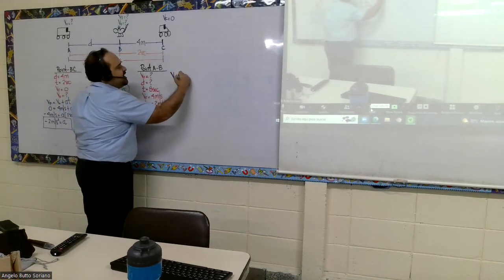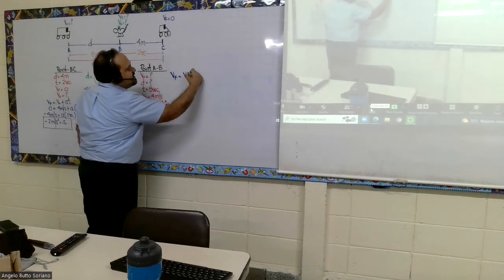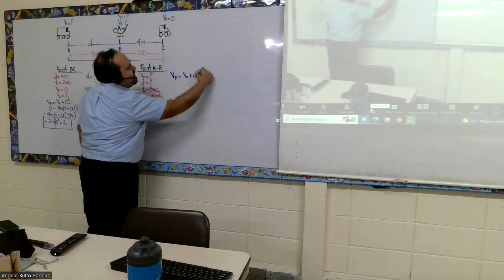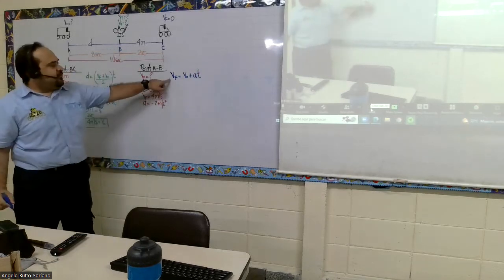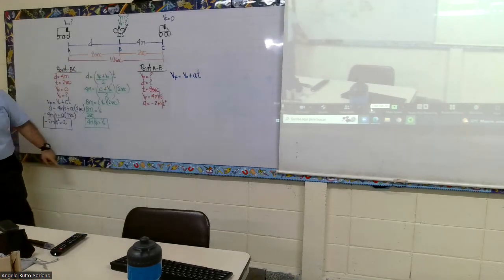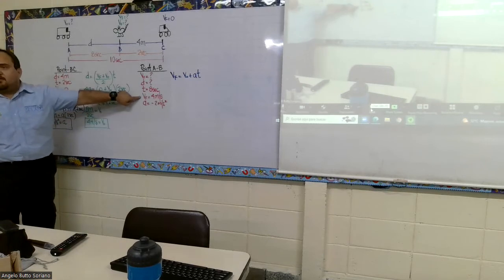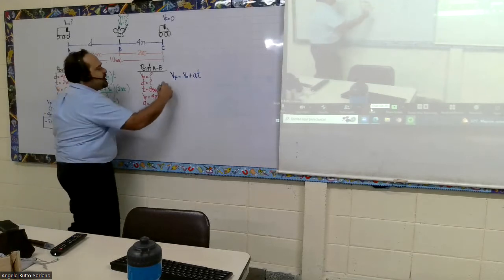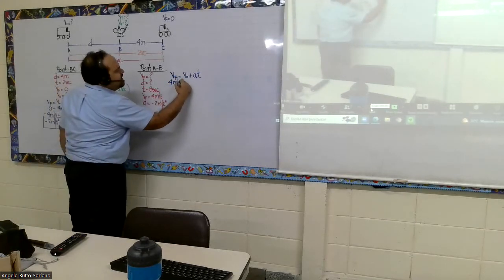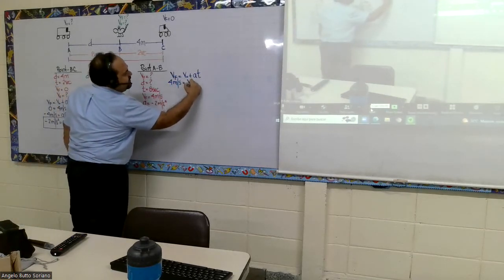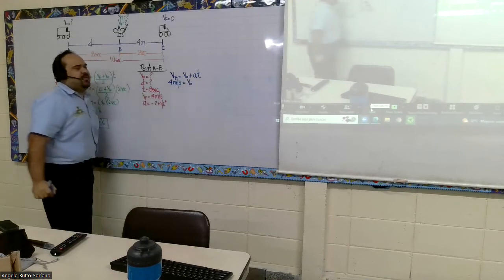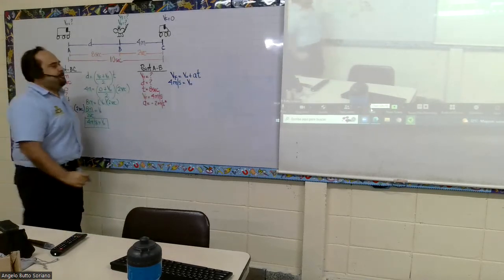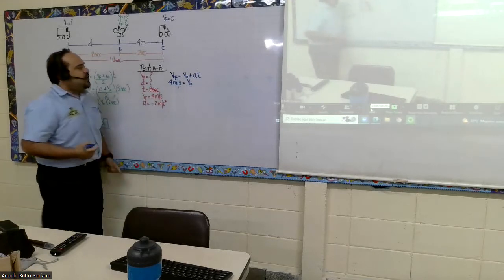Final velocity equals initial velocity plus acceleration times time. What is the value of the final velocity over here? 4 meters per second, right?